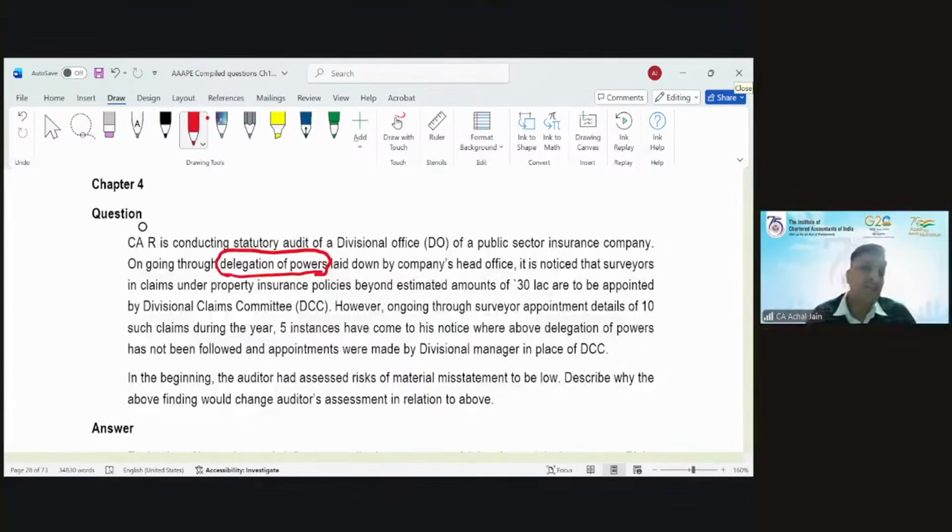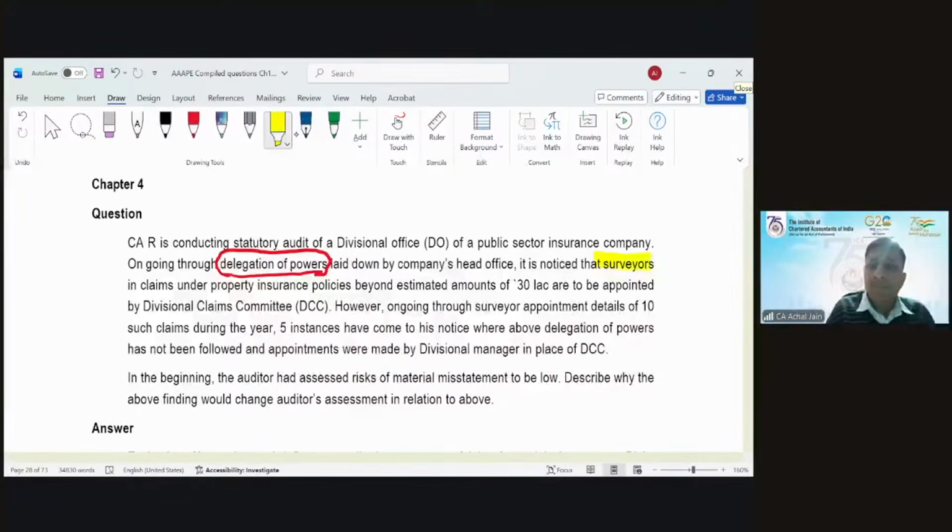So all of those factors are required to be looked at. So on going through the delegation of powers laid down by the company's head office, it is noticed that surveyors in claims under the property insurance policies beyond estimated amount of 30 lakhs are to be appointed by divisional claims committee.